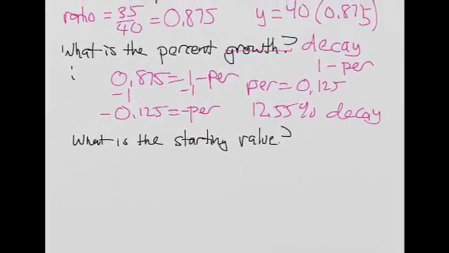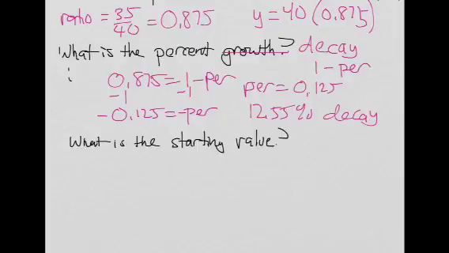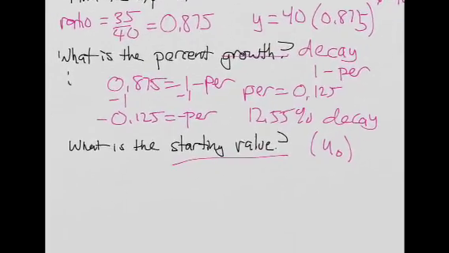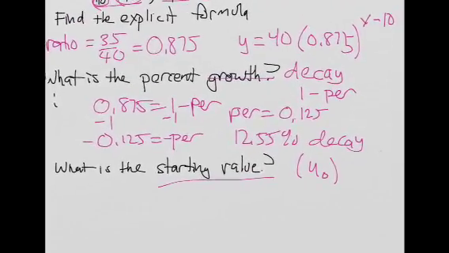Now, the last thing I asked you on this one is, what's the starting value? The starting value would be my u sub 0. I don't have that in my formula, because my formula says x minus 10. So if I want to find u sub 0, that just means x equals 0.